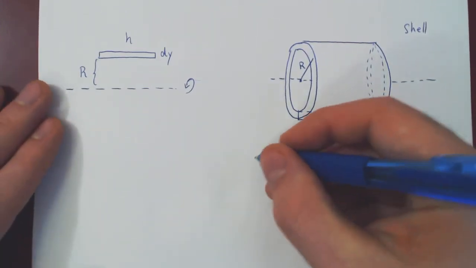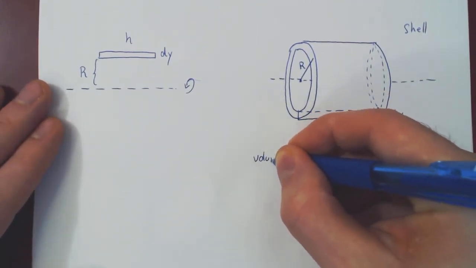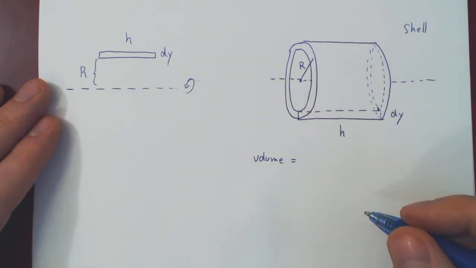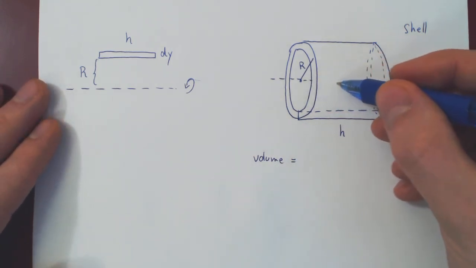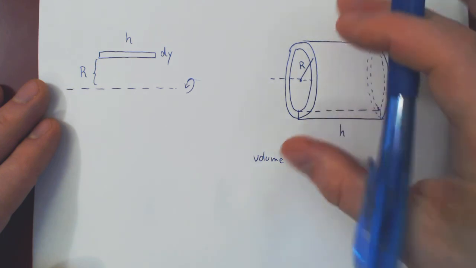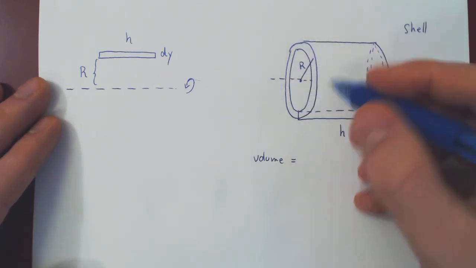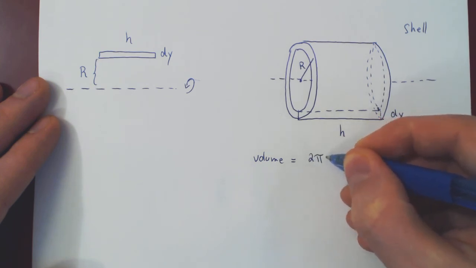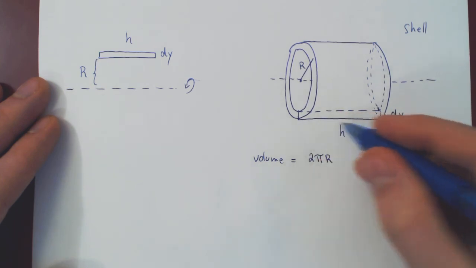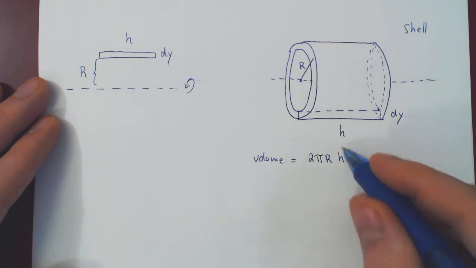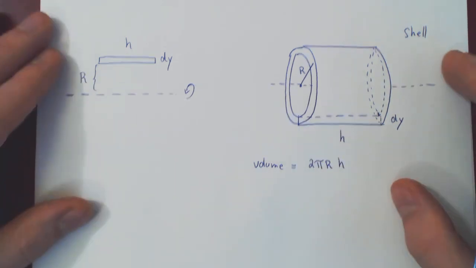So our volume is essentially unchanged. So always think of it as cutting this shell open and flattening it out. So we get the length, the circumference, 2 pi r, times the height, h, gives you the area of the rectangle.